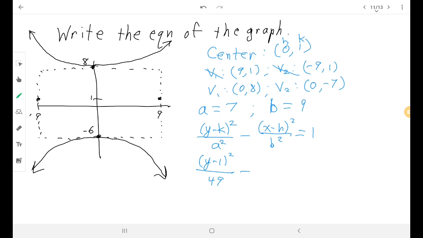Minus x minus h is x minus 0, so I can just do x and then squared. Over b squared, b is 9, so 9 squared is 81, and the whole thing always equals 1 for most of these conic sections. So there is writing the equation from a graph.